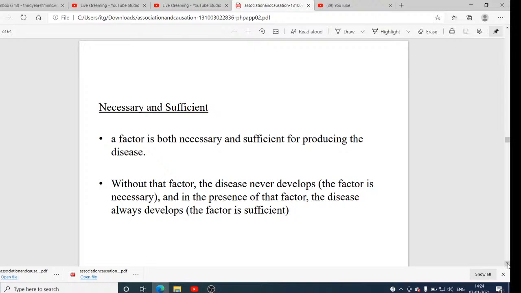It should be very clear: without the factor, the disease never develops, that means the factor is necessary. And in the presence of the factor, the disease always develops, that is, the factor is sufficient.